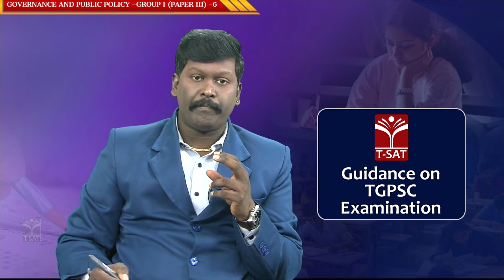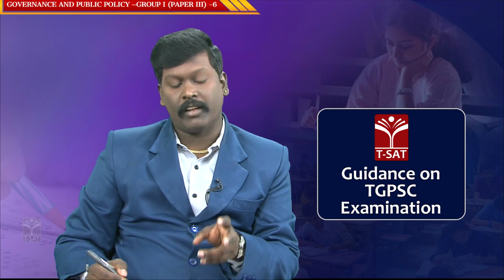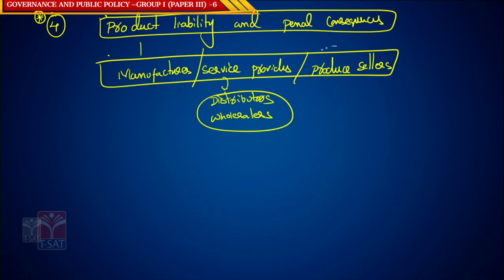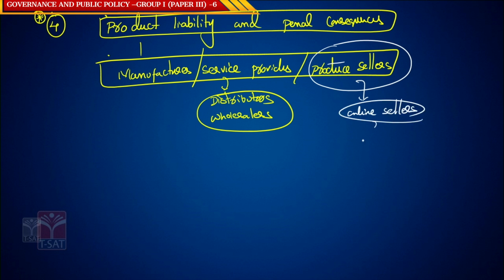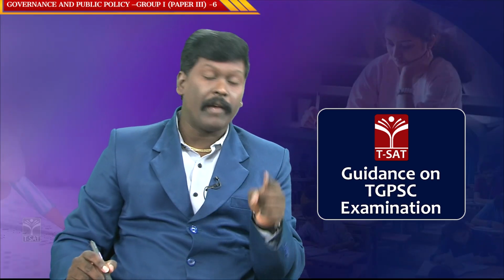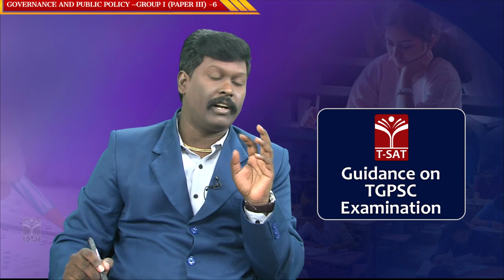Product liability and penal consequences is a unique thing of this act, because for the first time it is making the product seller liable. Product sellers may be online sellers also, like your Amazon, Flipkart, Big Basket, Zepto, Dunzo. All these online product sellers are also liable under this Consumer Protection Act of 2019.